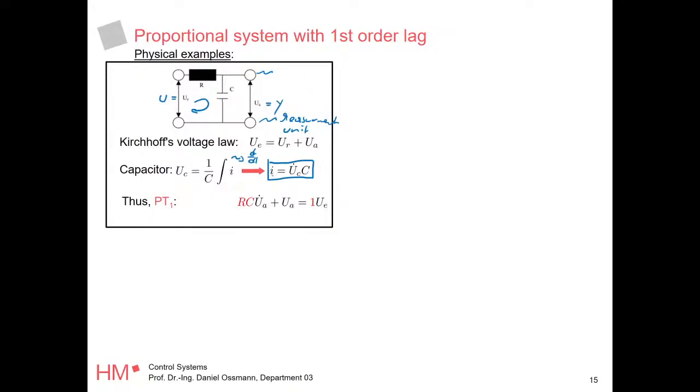So what's next? Okay, we can take this, we know that in the whole circuit, the current is constant, right? And we also know that there's this law that the voltage is equal to our resistance in the resistor times our I. So that's why we can actually say our resistor voltage is equal to I, and we can plug in I equals U dot times C, times R, right?